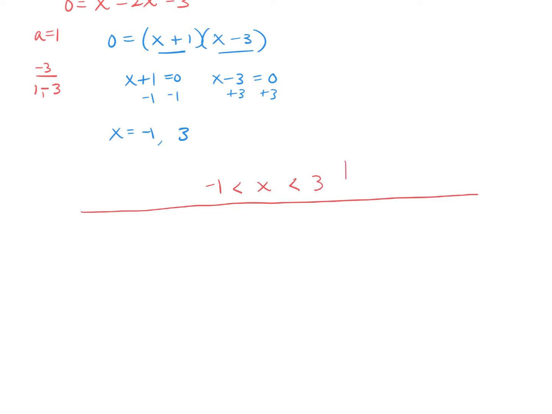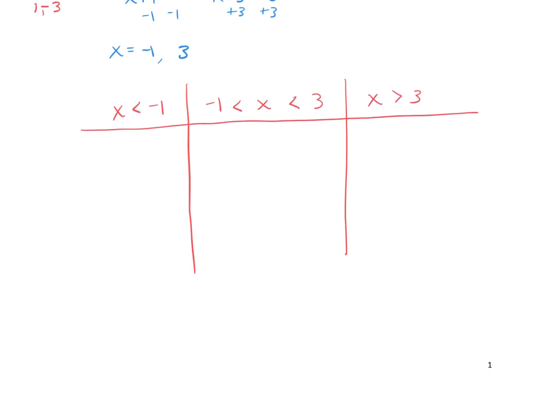The interval to the right of that is when all your x's are greater than 3, and the interval to the left is when your x's are less than negative 1. So if you think visually, here's our interval from negative 1 to 3 in the middle, to the right your x's would be greater than 3, and to the left your x's would be less than negative 1.